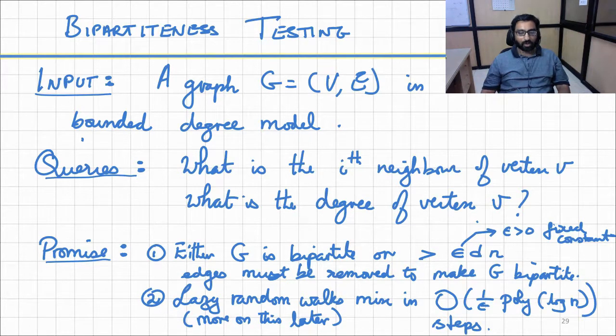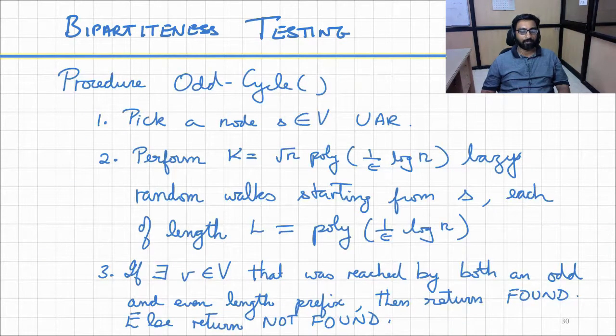Recall, what does it mean for a random walk to mix? It just means that the random walk will reach a probability distribution that's very close to the stationary distribution within this amount of time. So here's the algorithm that we have for this problem.